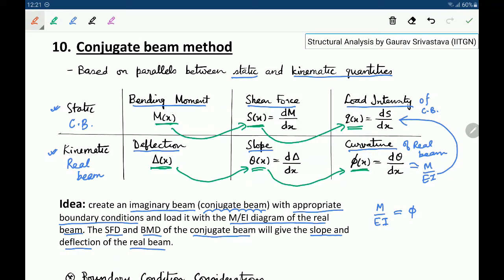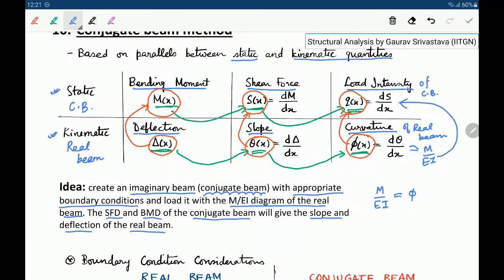Once we have said that the curvature of the real beam is the load intensity of the conjugate beam with appropriate boundary conditions, then the slope of the real beam is given by the shear force of the conjugate beam, and the deflection of the real beam is given by the moment of the conjugate beam. So this is the basic idea.